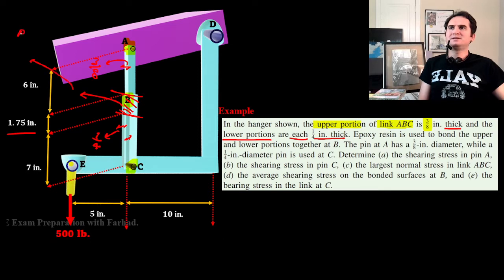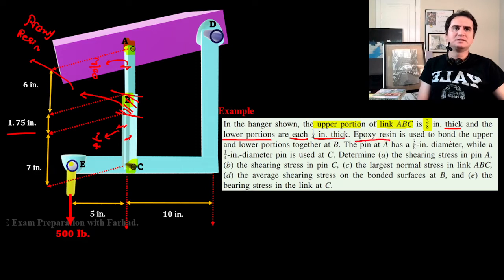They are attached to each other by an epoxy resin. That's applied over a length of 1.75, with a thickness of each cross section of 1/4 inches. That's the area of the epoxy resin.